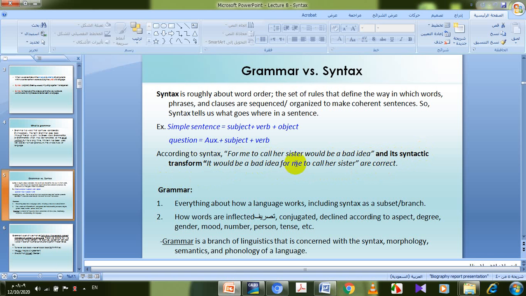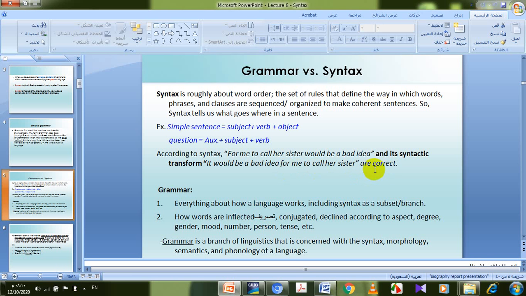So these two sentences, according to syntax, are correct, because the second sentence is the syntactic transform of the first sentence.